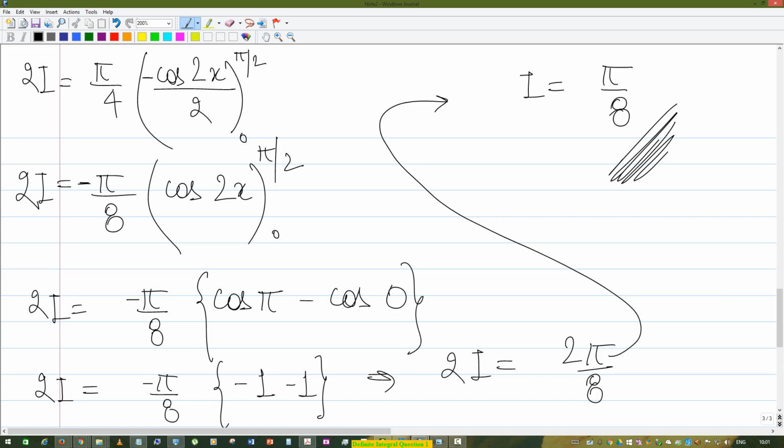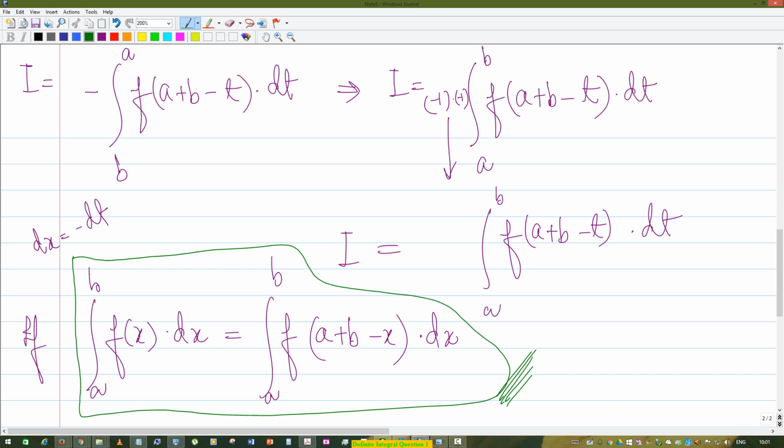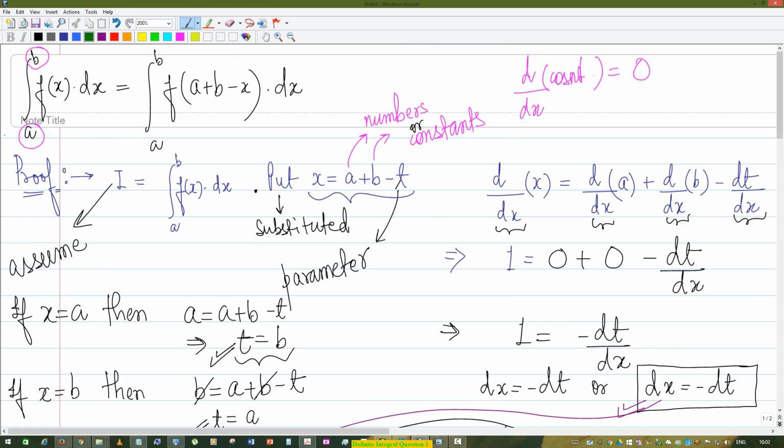You just have to follow the proof, the theorem and the property of the definite integral that we discussed. You just have to keep in mind this particular property.